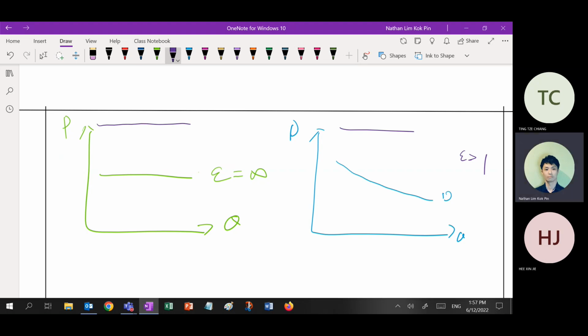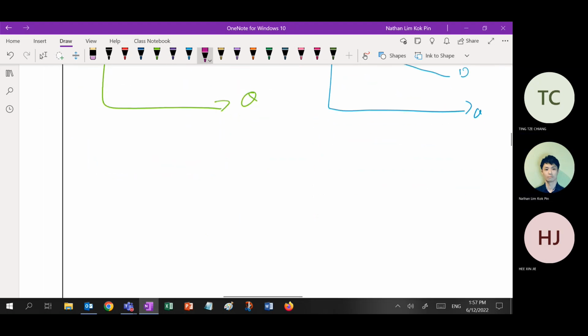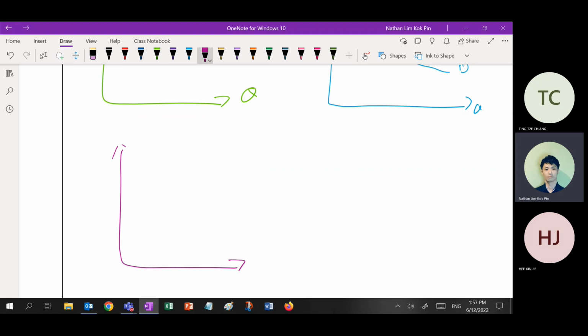Can you see it? Looks like E, right? Most of the time, we will ask you the right-hand side one, the elastic, and rarely ask you perfectly elastic. Now inelastic is not sensitive, unresponsive, and looks like I. Let me use the perfect one first.